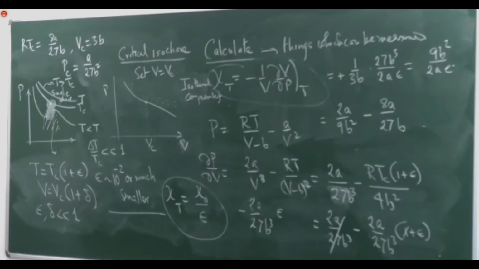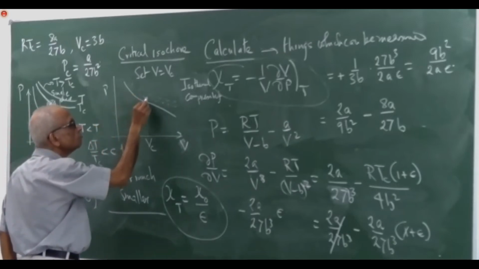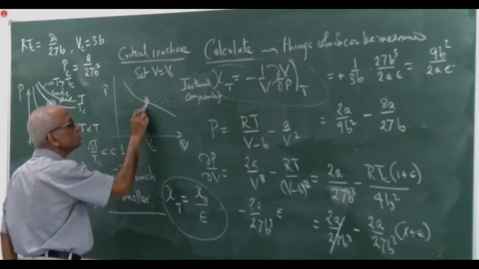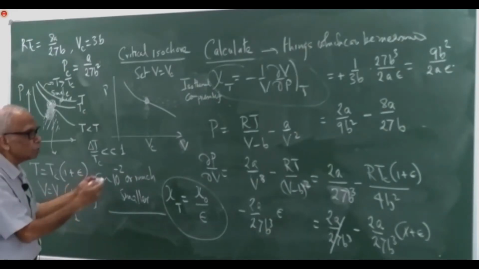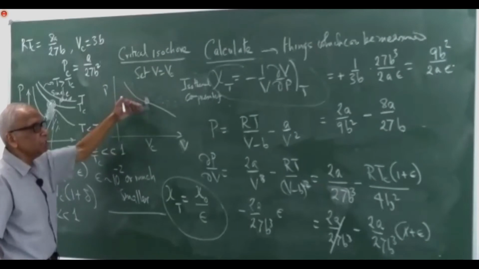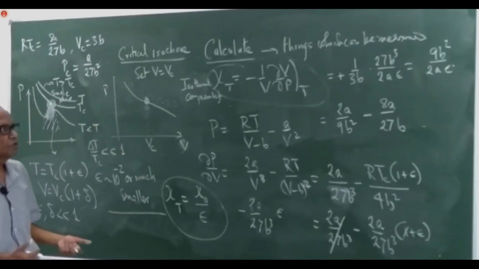When you are in this little region over here, you don't know whether the gas phase is favored or the liquid phase is favored. You swish back and forth between the two, and it is this not knowing what to do which gives this huge response over here.